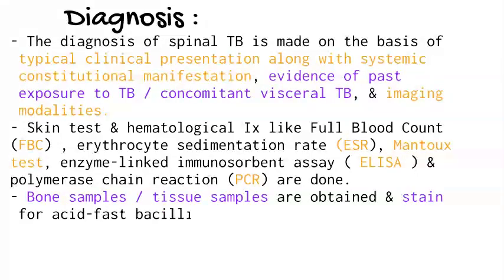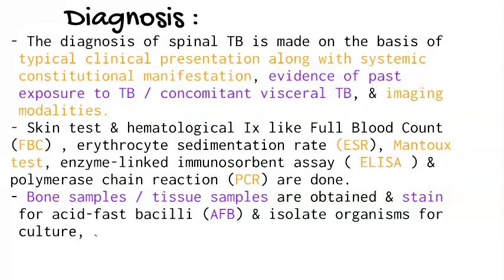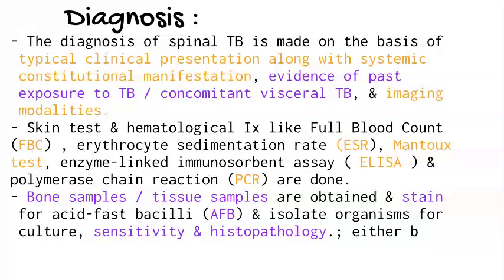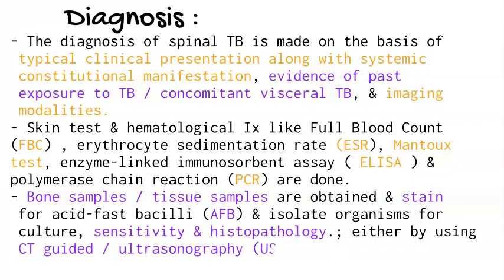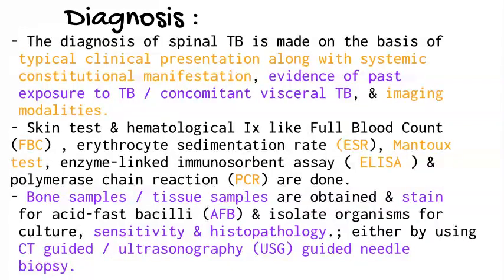Bone samples or tissue samples are obtained and stained for acid-fast bacilli (AFB) and the organism isolated for culture, sensitivity, and histopathology, either by using a CT-guided or ultrasonography-guided needle biopsy.